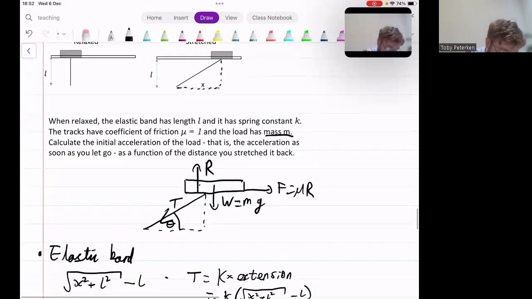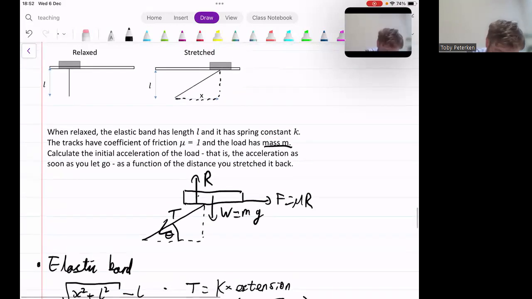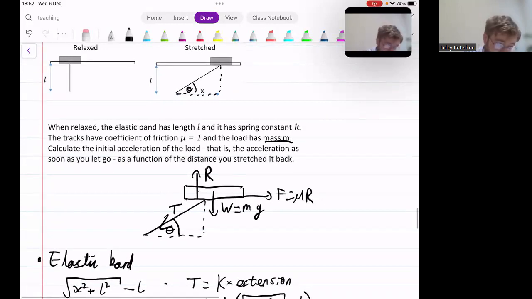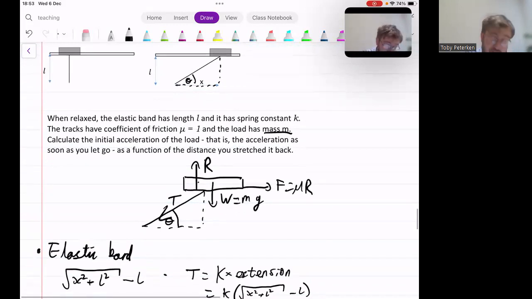However, we can look at this triangle and we could work it out from the distances given. However, we don't actually ever have to work out theta directly. We can just look at cos theta and sine theta and work those out. They end up much easier to work out.